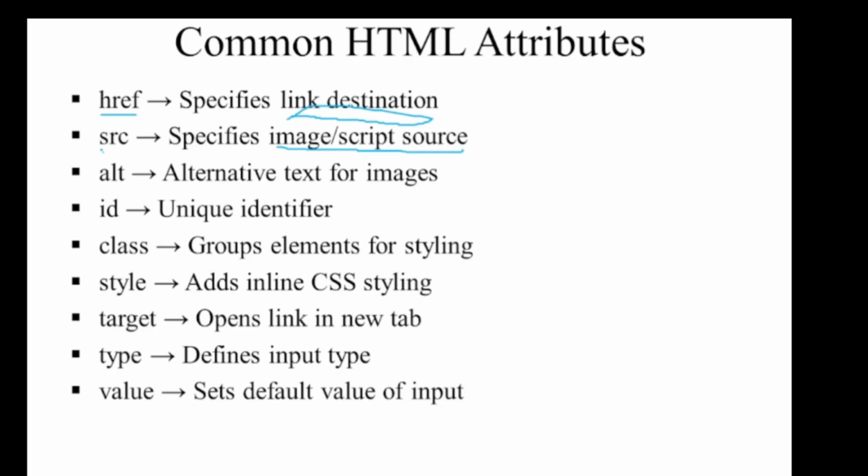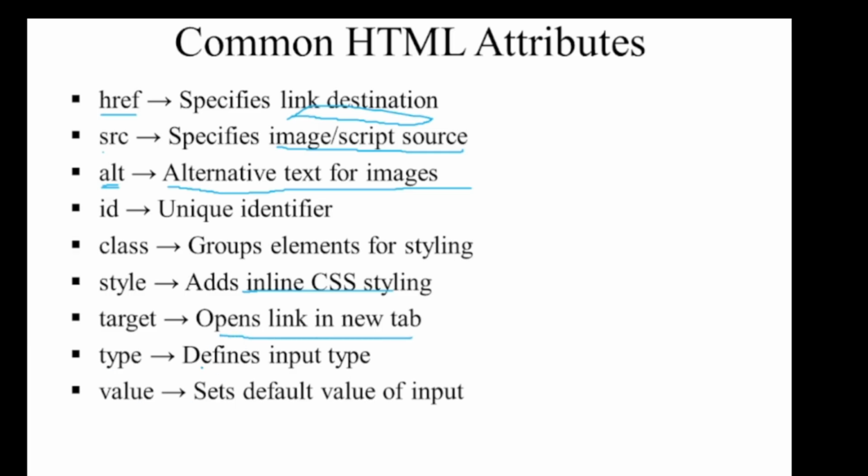Alt means alternative. If the image or the link is not available, it should display alternative thing or object. That you can say alternative text for an image. ID means unique identifier. Class means group of elements for Cascade style sheet. Style means adding inline CSS styling. Target means opens link in new web page. You can use this target.